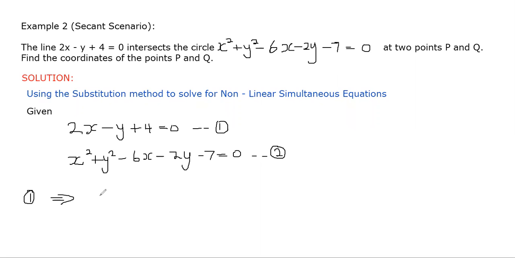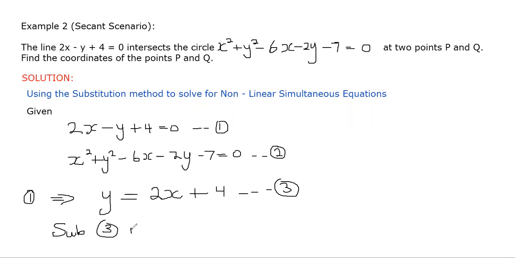What I will get here is y is equal to 2x plus 4, and this is going to be called my equation 3. Once I have equation 3, I'm going to substitute that value for y into the second equation. So we're going to substitute equation 3 into equation 2.